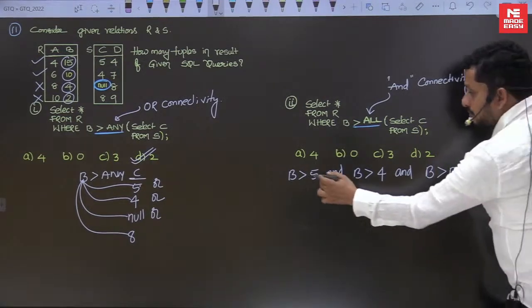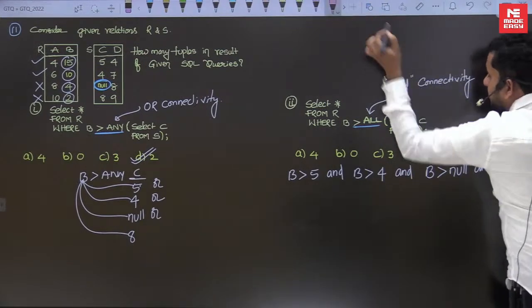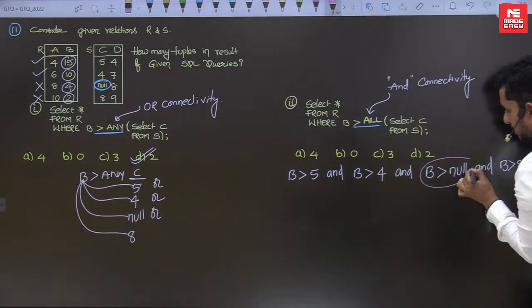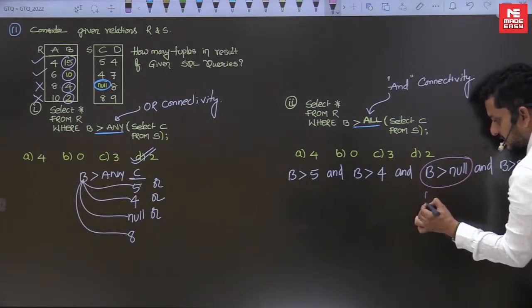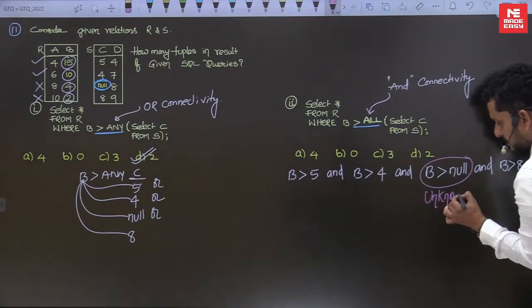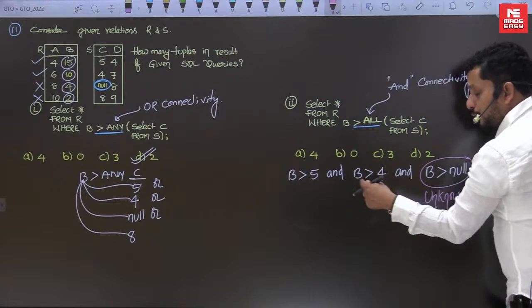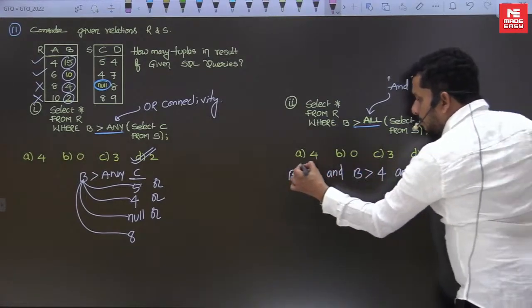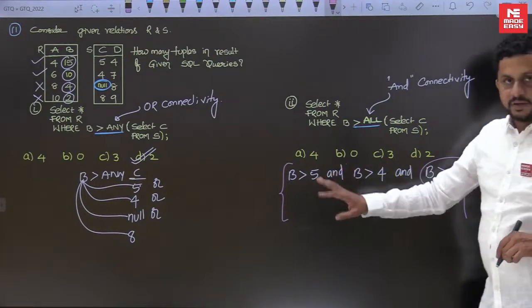Okay, so whatever the B value, because of this null comparison, whatever this B is compared with the null, the result is unknown. Okay, result is unknown, unknown AND true, unknown AND false. Okay, in both these cases there is no chance to get the result as true.